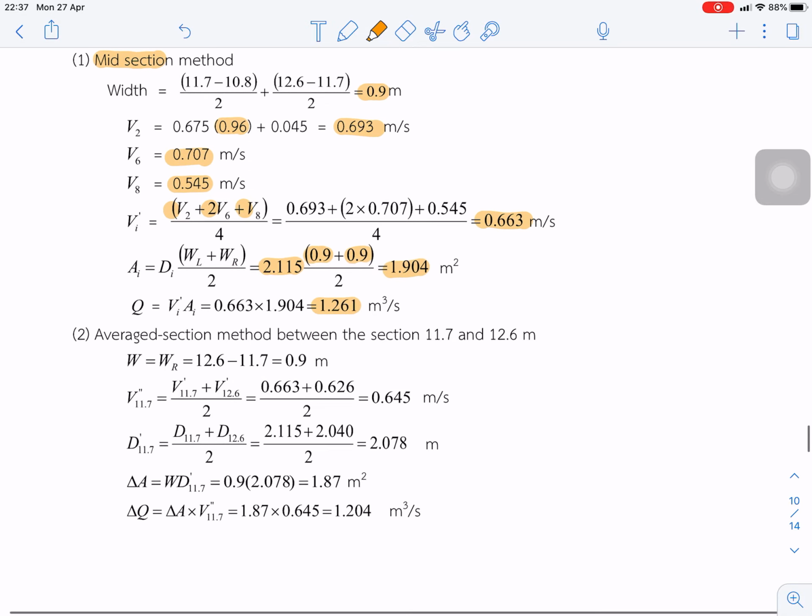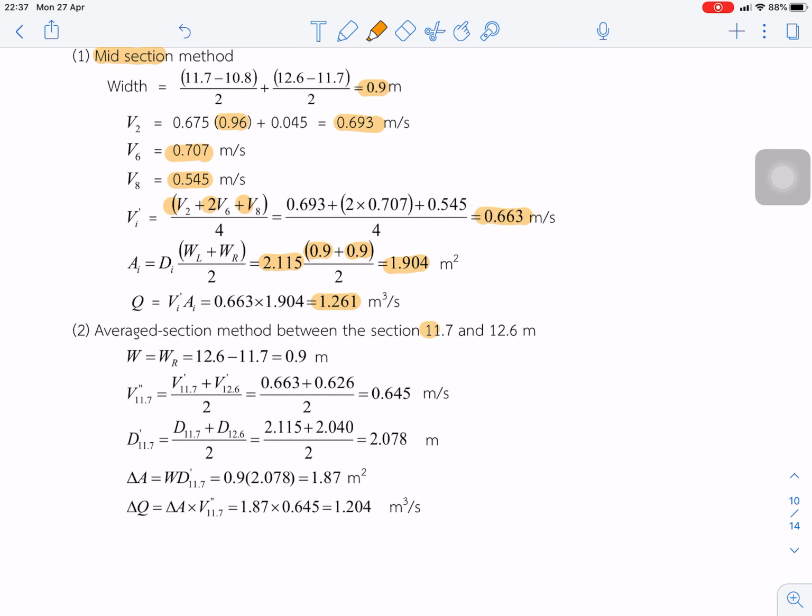For the average section between sections 11.1, 11.7 and 12.6, we use the right width, take the average of velocity from the two sections, and take the depth from the two sections. Depth times width gives the area 1.87.